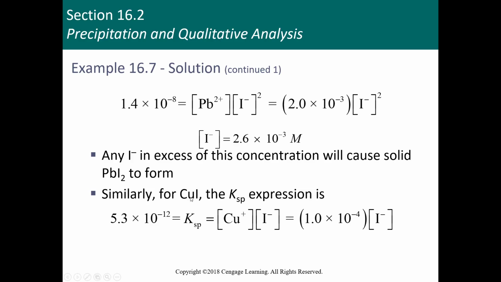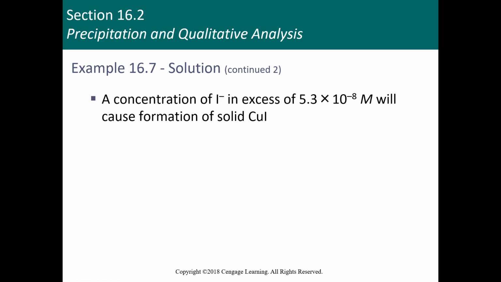So here we see their Ksp expression, and we can plug this concentration for the copper ions in, solve for iodide again, and that gives us a concentration of iodide of 5.3 times 10^-8 molarity. And again, any excess concentration of this will cause solid copper iodide to form.